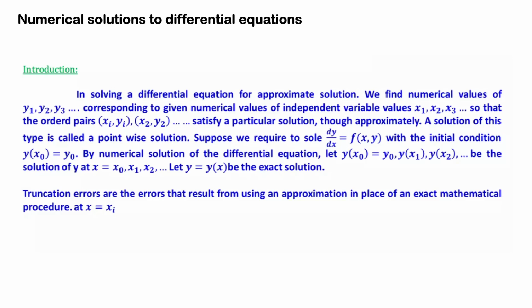So we find numerical values y1, y2, y3, which correspond to given numerical values of the independent variable, x1, x2, x3, and these ordered pairs x1 and y1, x2 and y2 should satisfy a particular solution. So these values should satisfy your original constraints and the initial conditions that you have put on the equation.